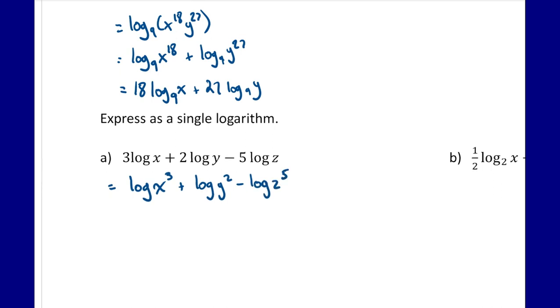When we see addition between logs of similar bases, and again we don't see a different base so we can assume it is 10, we can rewrite addition as multiplication. So log of x cubed y squared, divided by, because of subtraction, z to the power of 5. That's how I could rewrite it.